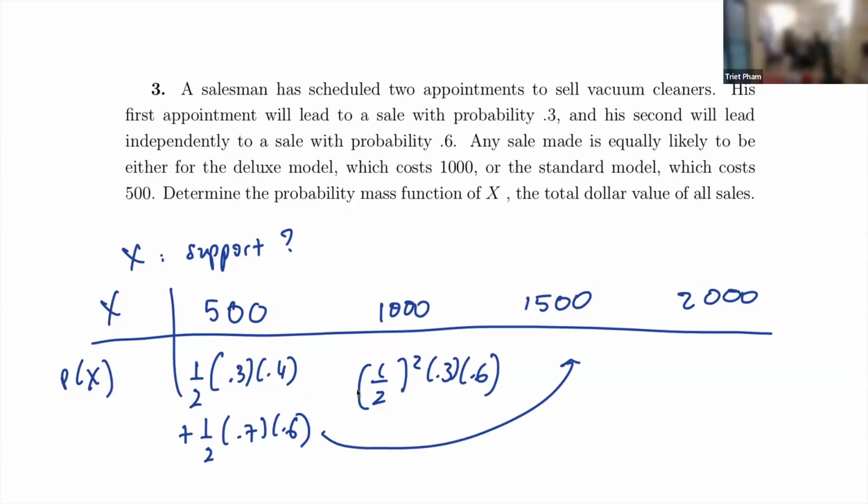What about 2,000? No, 1,500 is what? 1,500 actually, I think, is actually still this, right?